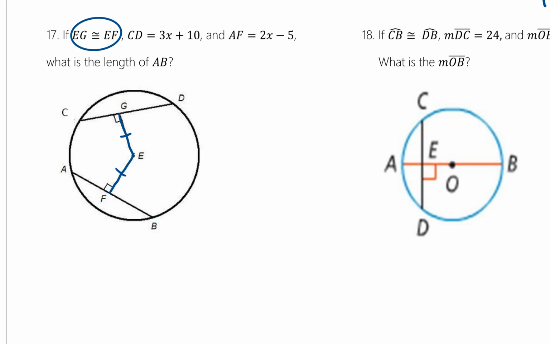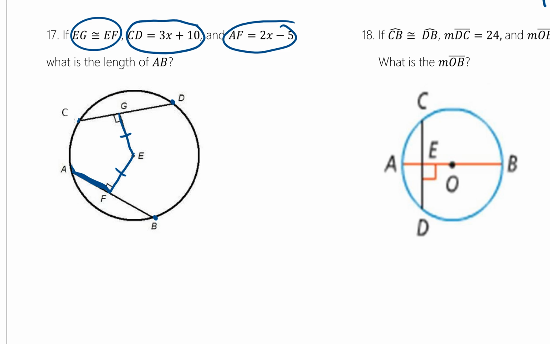So CD has to be congruent to AB as well, because they are the same distance from the center. With that in mind, CD and AF will have some type of relationship, but not the exact same relationship as just being equal, because AF is just this piece.